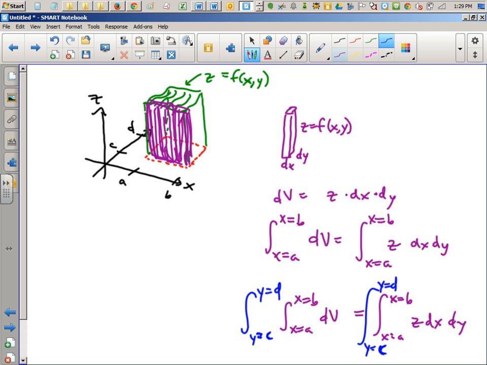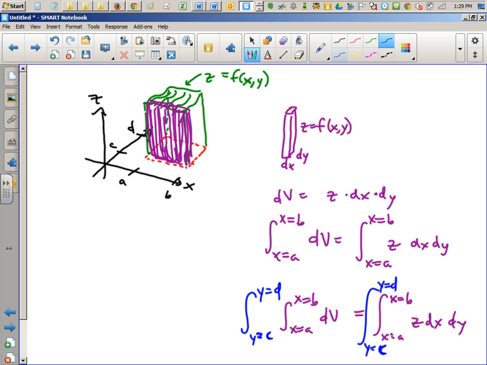But one thing that's real gracious and forgiving about these is that because the red region is a rectangle, if you accidentally get your limits mixed up, it might not matter too much. Like if you accidentally integrate dy first and then dx, or dx first and then dy, there's no difference at all. It's kind of like partial derivatives.